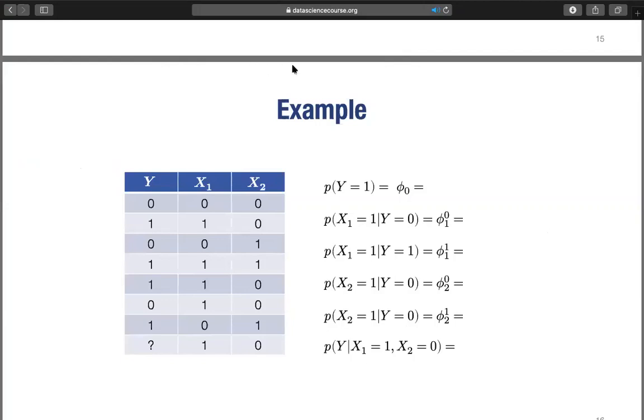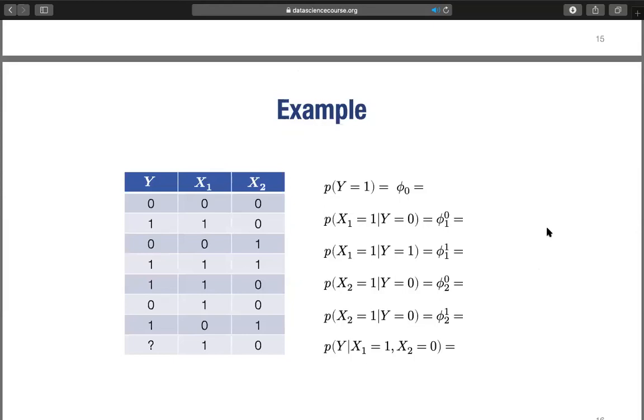Look carefully. The probability of having 1 in this data. So what's the probability of having 1, guys?